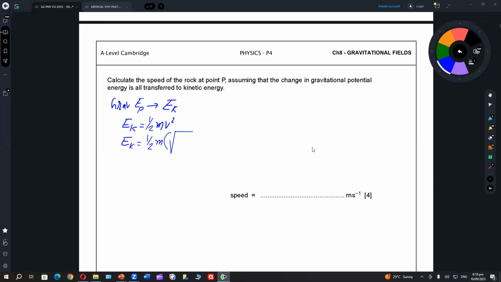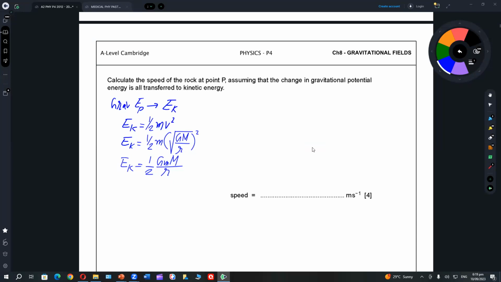Look at this working. This is a possible way to deal with it, and we can find the velocity here also.